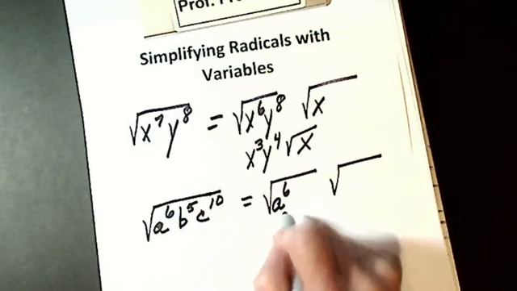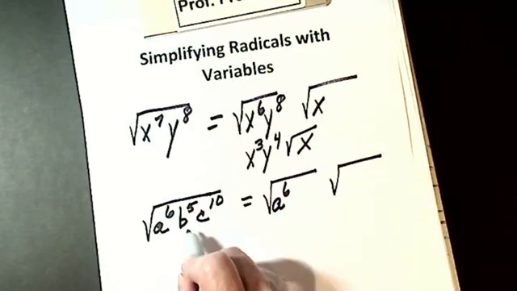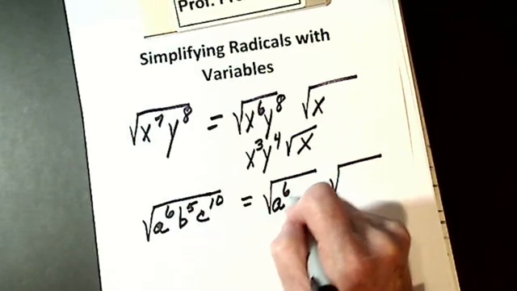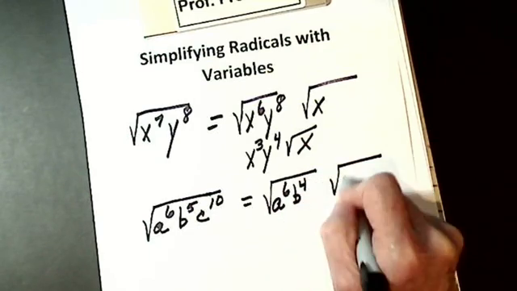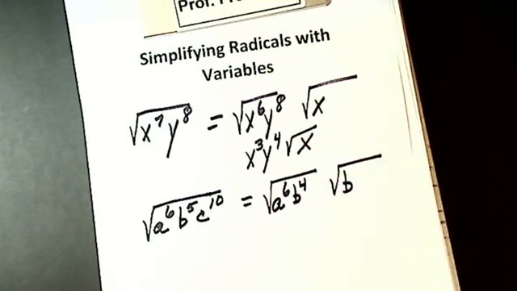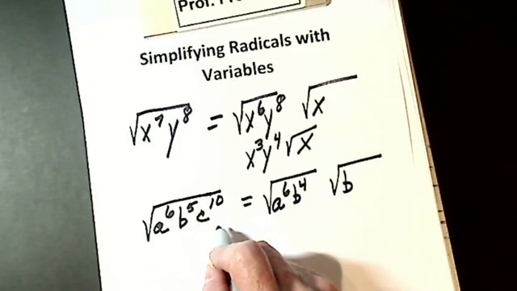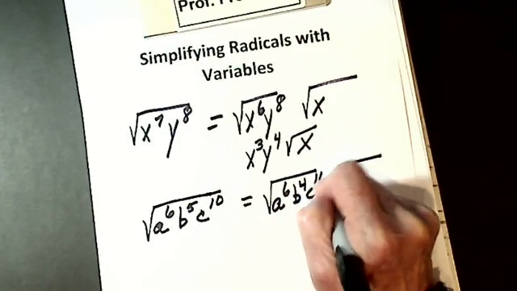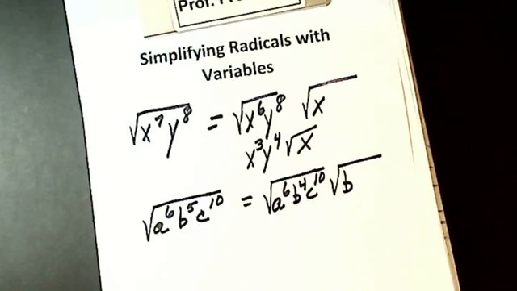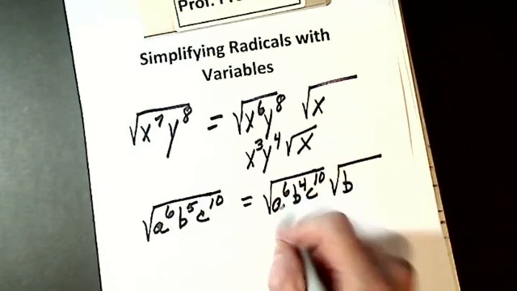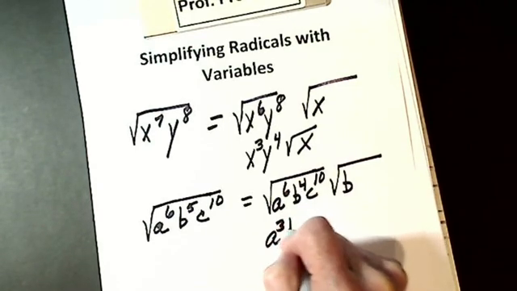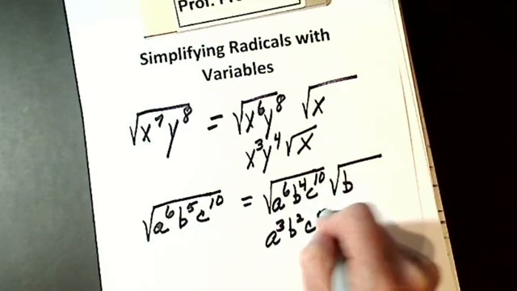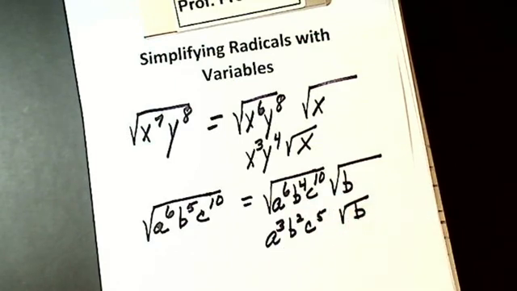Right now, I'm just going to leave it in the perfect square part. B to the 5th is odd. So I break it down into b to the 4th and b. C to the 10th is even. So it stays. So now I can take the square root of all that. I get a cubed, b squared, c to the 5th, the square root of b.